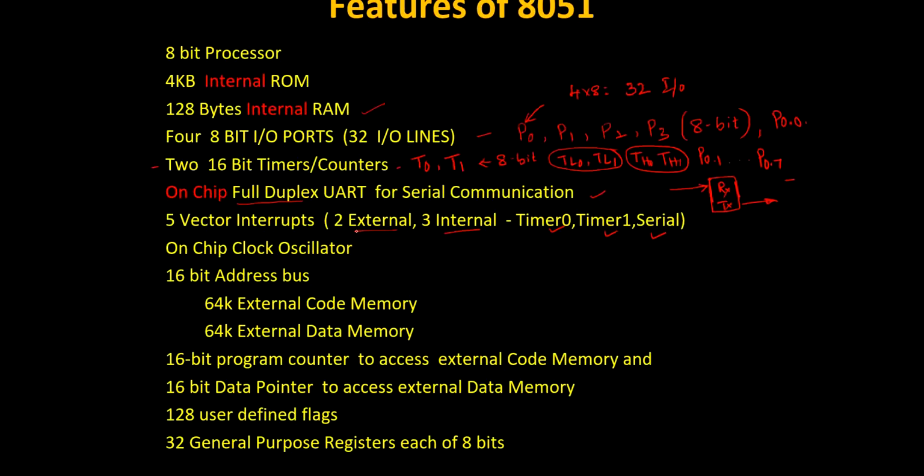The 2 external ones are INT0 and INT1. Externally we can give the interrupt. The 3 internal interrupts we can handle by programming: timer 0, timer 1 and serial communication.